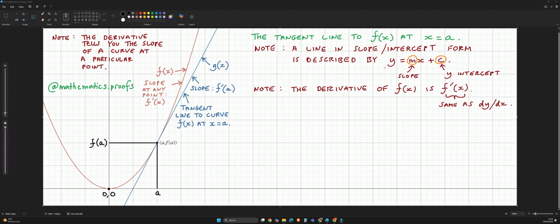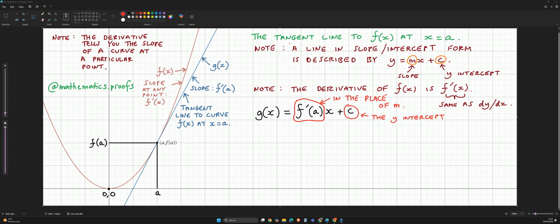As you can remember, slope-intercept form for a line goes y as a function of x is equal to mx plus c. m is the slope and c is the y-intercept. Now this tangent line is going to go through (a, f(a)). The slope at (a, f(a)) is going to be f'(a).